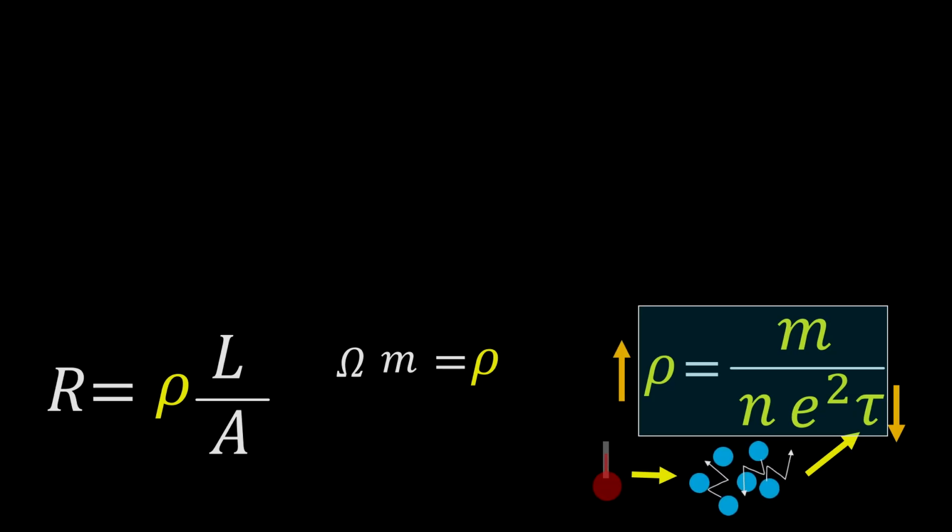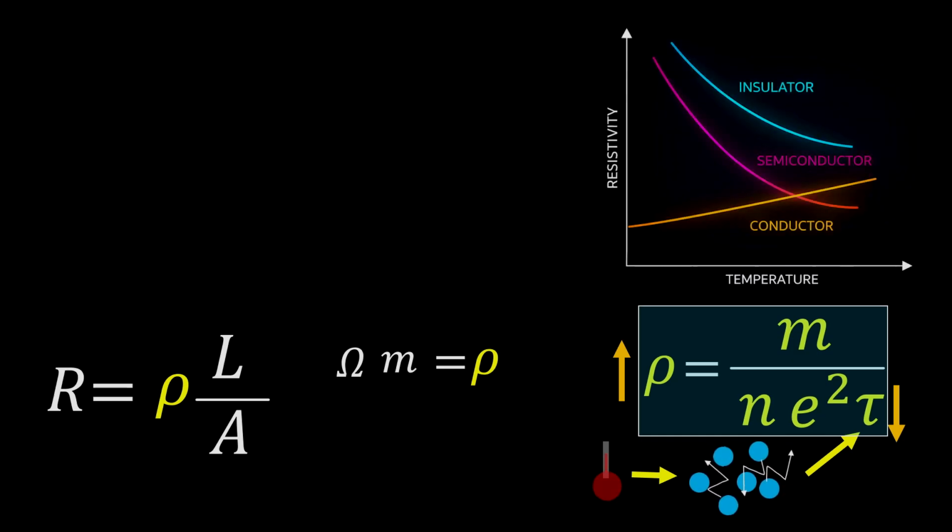But there are some different types of materials where, when temperature changes, other variables of resistivity also change. For example, electron density and relaxation time may behave differently. So in such materials, resistivity may increase or decrease. You can see this clearly on this temperature dependence graph of some materials with resistivity.